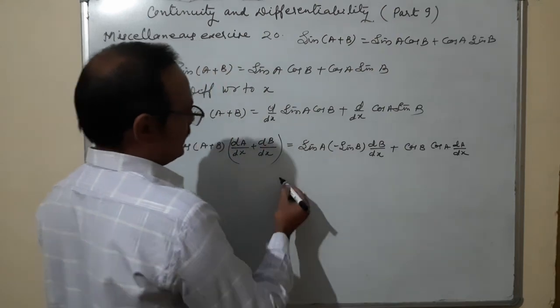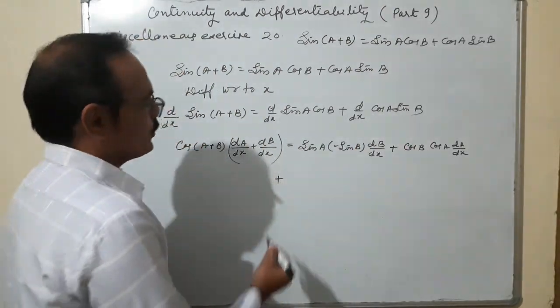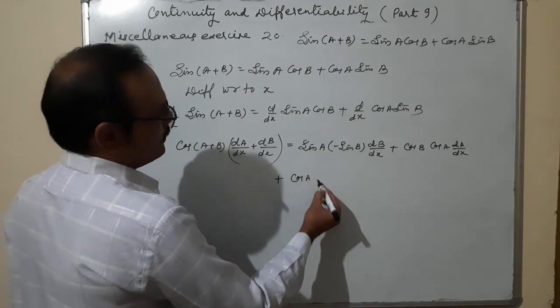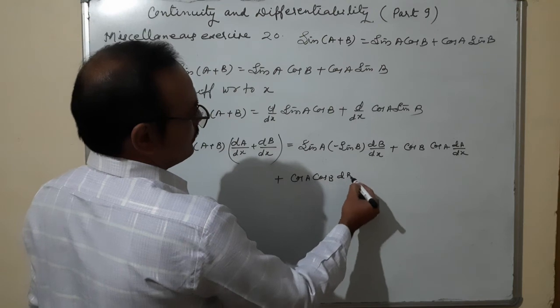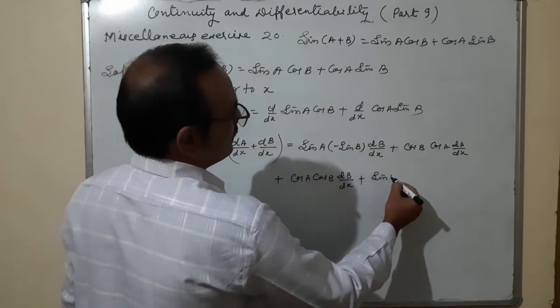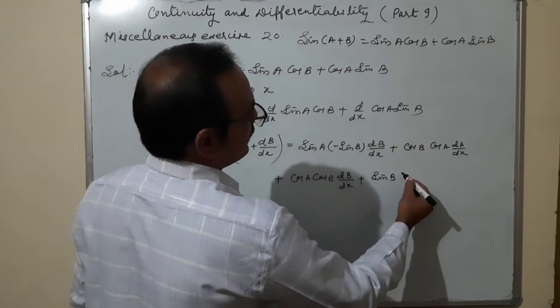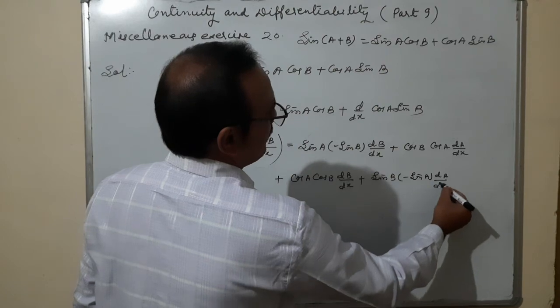Okay. Plus, again using the same formula, the product rule, first function cos a, differentiation of sin b, cos b dB/dx, plus second function sin b, and differentiation of cos a, minus sin a dA/dx.